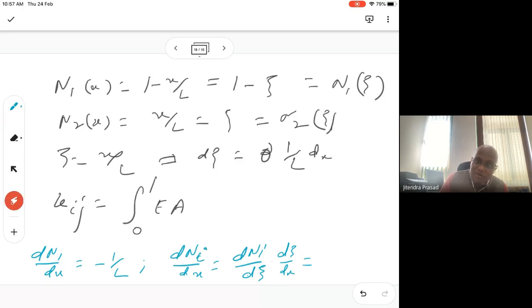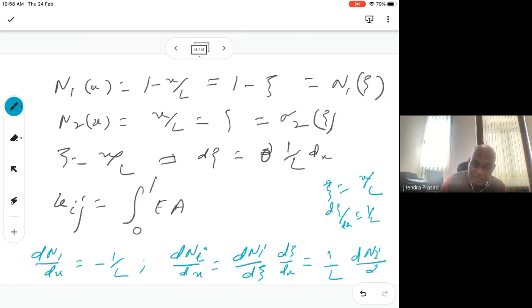And this is nothing but d xi over dx is what? So xi is equal to x over L, d xi over dx equal to 1 over L. So equal to 1 over L dNi d xi. Yeah. So coming back to here, we have EA and then we have dNi dx, right?